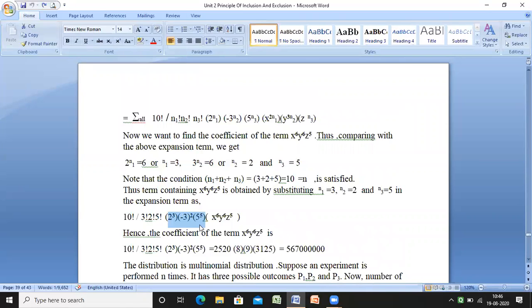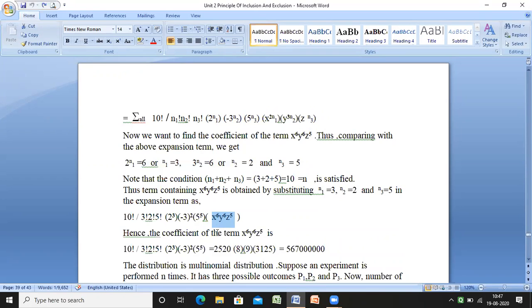In this way we calculate these values. Again, from x to the power n1, y to the power n2, and z to the power n3, we put in the values and the expression is calculated in this format: x to the power 6, y to the power 6, and z to the power 5. In this way, we can calculate the values.